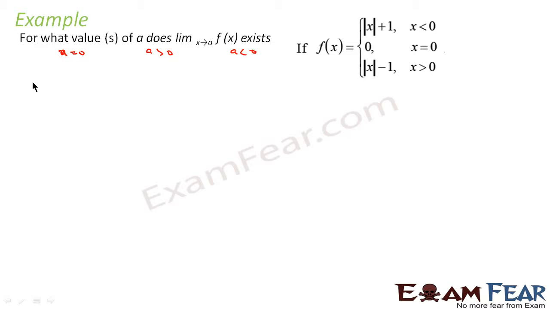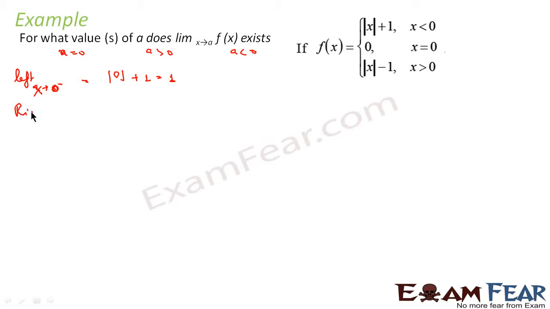For a equal to 0, if you see the left limit, x tends to 0 minus, what we get is, we'll use this equation, so this becomes mod 0 plus 1, that is 1.